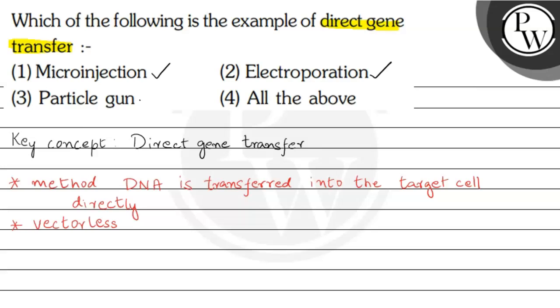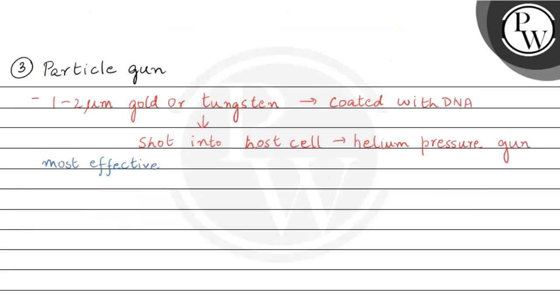The particle gun bombardment method is also a direct gene transfer method. So we can see that all three options are correct. Therefore, our final answer is option 4, that is all of the above. So the final answer for the question is option 4, that is all of the above.